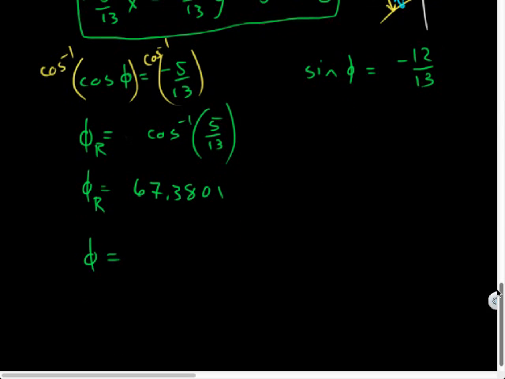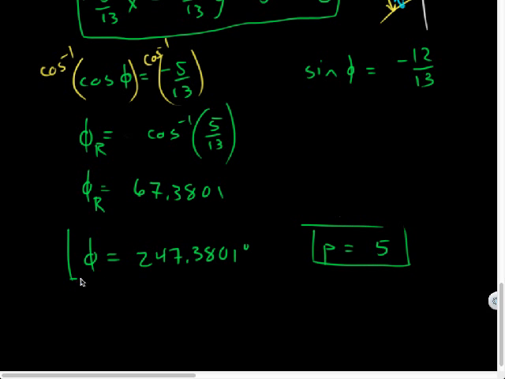So 180 plus 67.3801 gives 247.3801 degrees. And the value of little old p is equal to positive 5 because it's the opposite of the value in the equation itself.